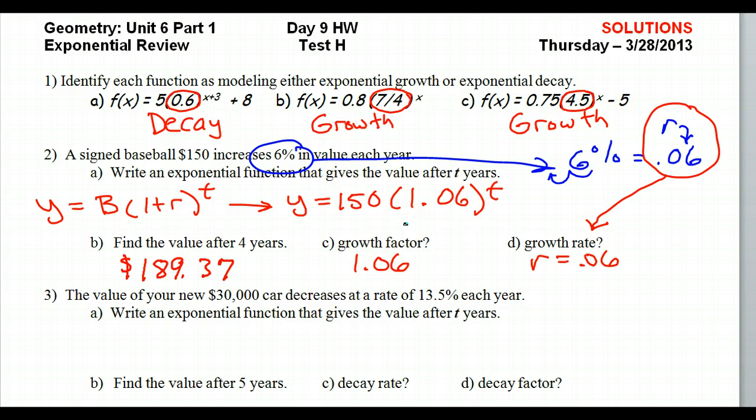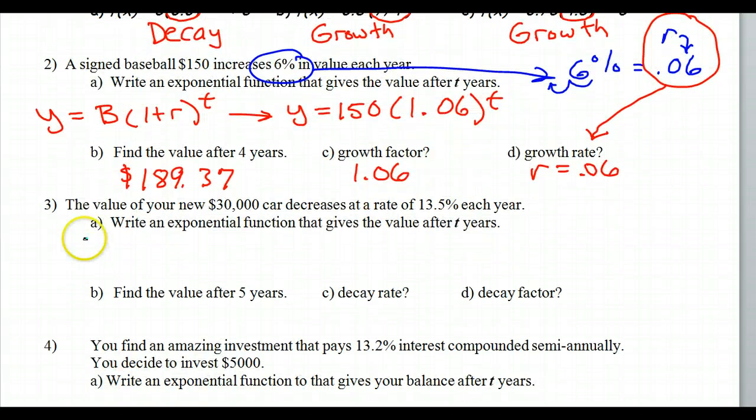Okay, number 3, the value of your new car, $30,000 car, decreases at a rate of 13.5% each year. Now, since this is decreasing, we need to use the exponential decay model, which is almost like the exponential growth model. We still have the beginning amount, but instead of doing 1 plus the rate, we're going to do 1 minus the rate.